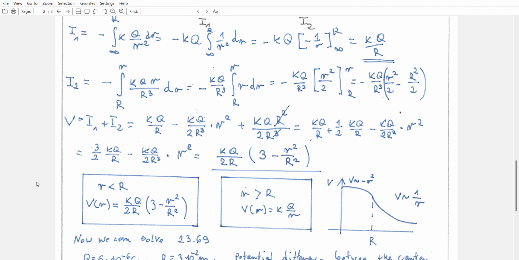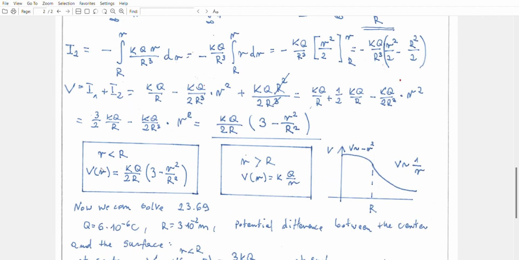To summarize, we have here for r smaller than R this equation, and for large r, above the surface of the marble, you have this one. And when you plot it, you have this small quadratic, minus quadratic term here, which is the part that connects with the decaying part.